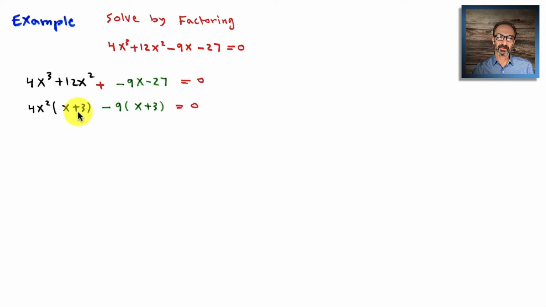Now I do have x plus 3 here and x plus 3 here, so we're going to factor that out from both terms. From here we have 4x to the second, and from the second part we have minus 9, as you could see. But that's a difference of two squares. Let me show you why.